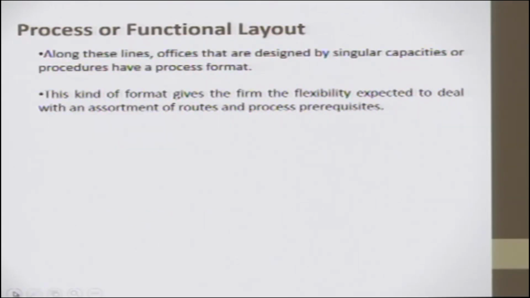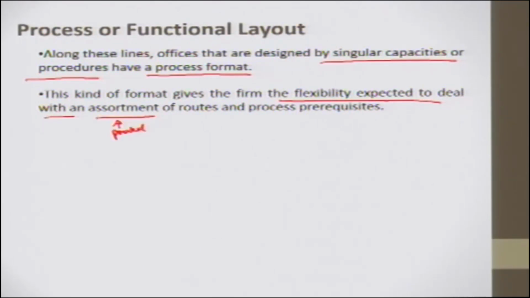Now along these lines, facilities that are designed by a singular function or process have a process layout. This kind of layout gives the firm the flexibility expected to deal with a variety of routes and process requirements.